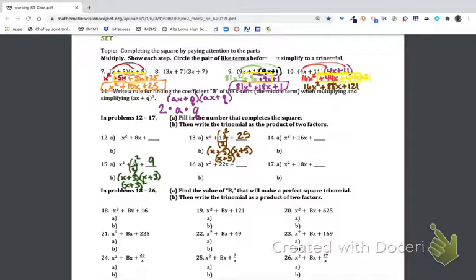We'll practice one more, number 17. And once again, we're going to take half of that b term and square it. So half of 18 is 9, 9 squared is 81. X plus 9 times x plus 9, or x plus 9 squared.